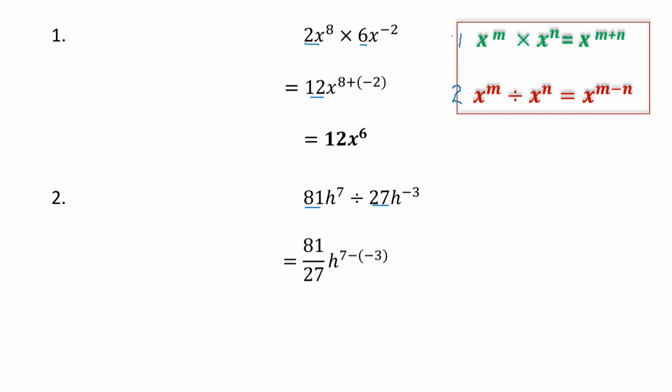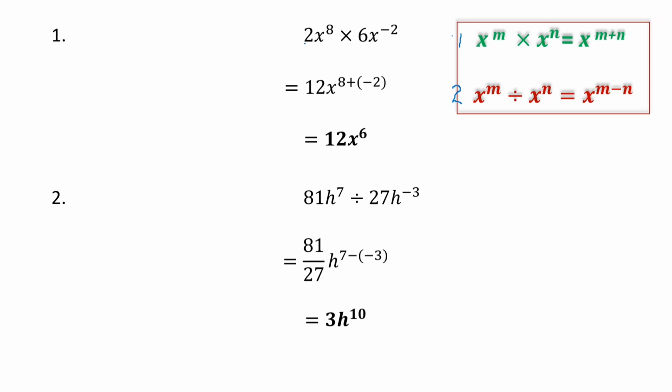At the same time, for the powers here, we will be subtracting this power minus this power. So 81 divided by 27, we get 3. Then 7 minus minus 3 is the same as 7 plus 3, and that is 10. So our final answer is 3h to the power 10.